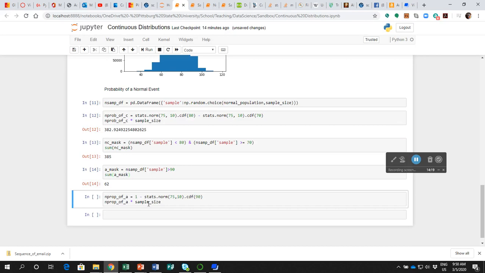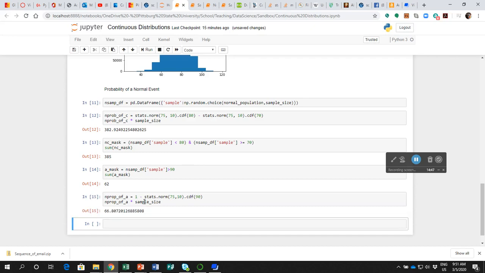How many would I have expected? Well, here I calculate the probability of A by, 1 is the probability of anything happening, and right here, this cumulative probability is the probability of getting up to 90. I calculate that probability, multiply it times the sample size, and it's about 66 or 67.